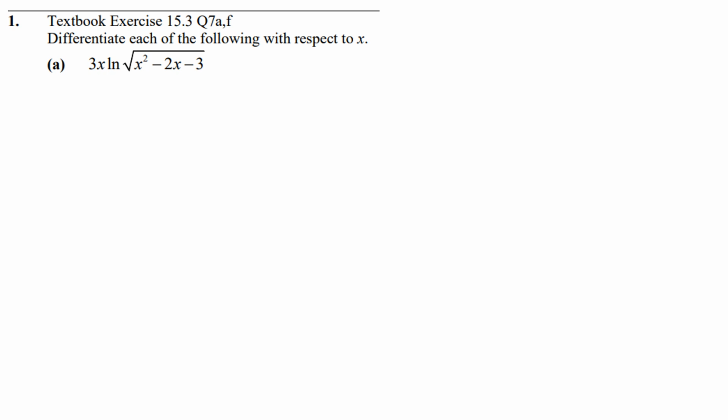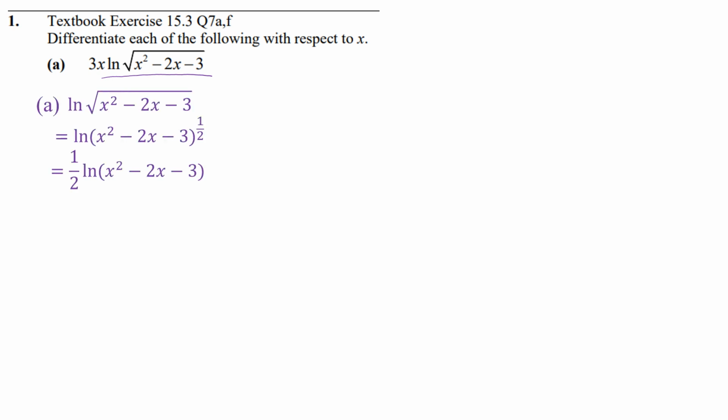Let's look at the first question. So we're asked to differentiate 3x times ln square root of x squared minus 2x minus 3. Before we jump in to use the product rule, we should try to simplify this first. How do we simplify it?